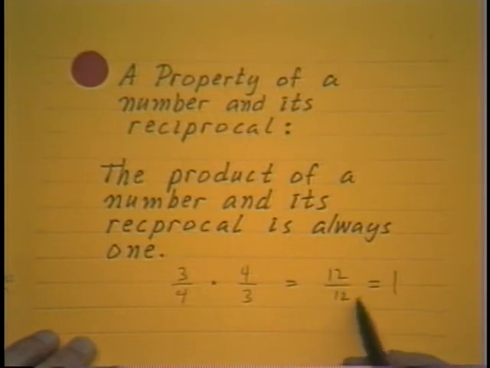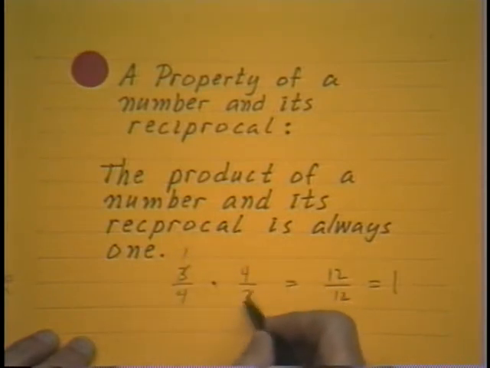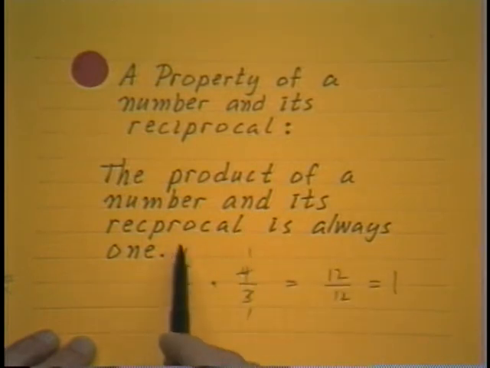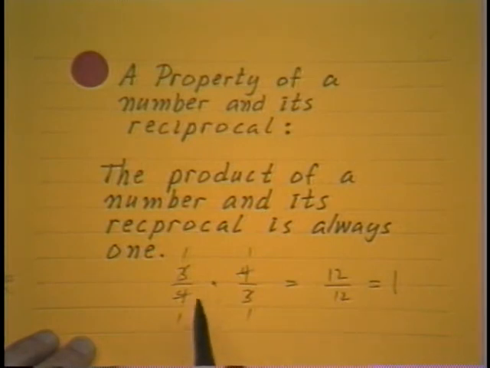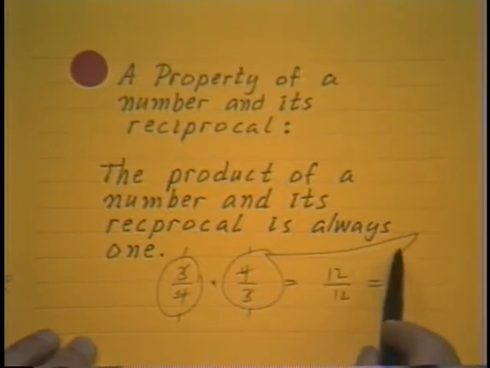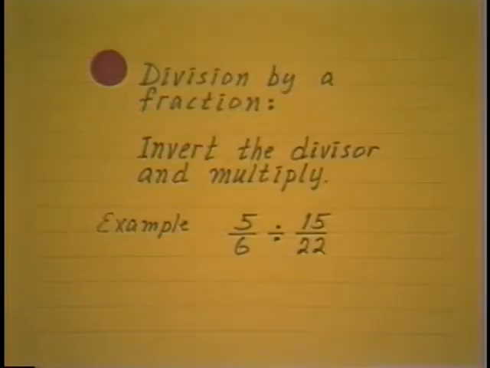Anything divided by itself is 1. We could have also said it this way. Since I'm multiplying, I'm allowed to cancel. 3 into 3 is once, 4 into 4 is once, and so on. 1 times 1 is 1, 1 times 1 is 1. But the important thing is any fraction times its reciprocal will always be 1. No exception except for 0, which has no reciprocal.